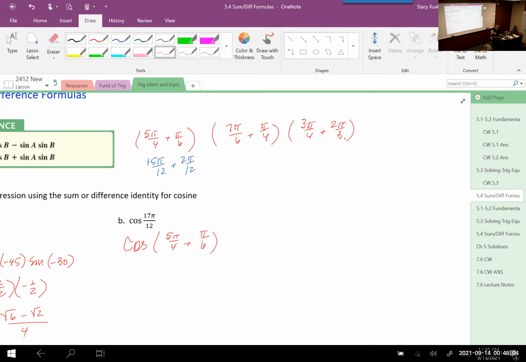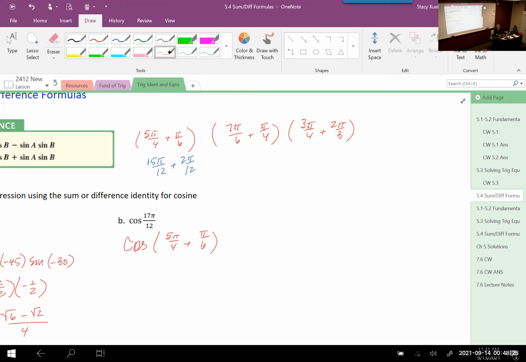Are you asking me how I convert 3 pi over 4 into something over 12? Yes. What number do I multiply 4 by to get 12? 3. So I multiply top and bottom by 3 over 3. Oh, so basically you find what number to multiply to get 12, and whatever you do on the bottom, you do on the top. Yeah, because that's like multiplying by 1.